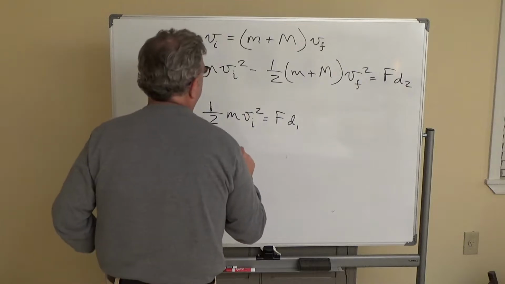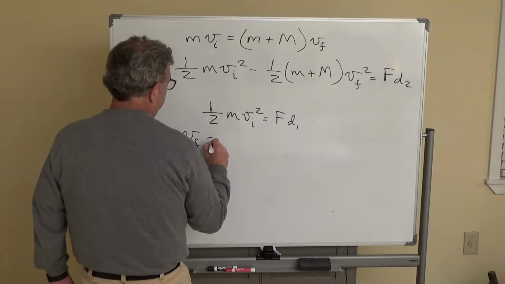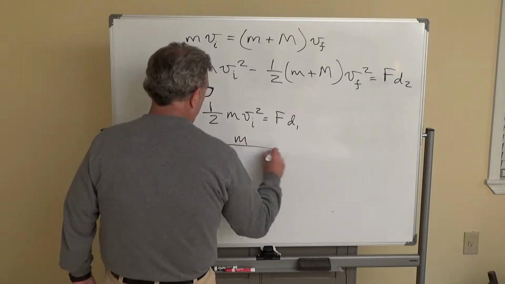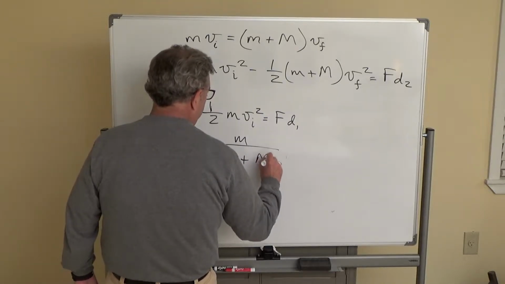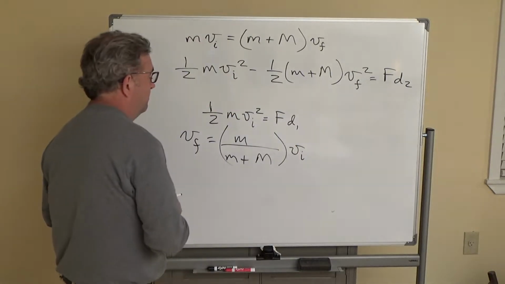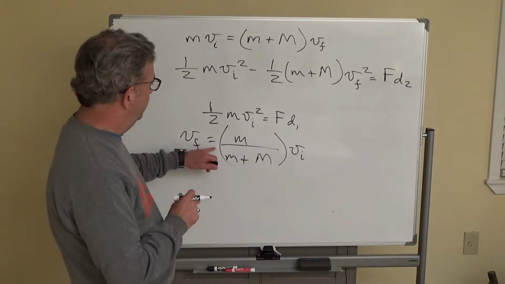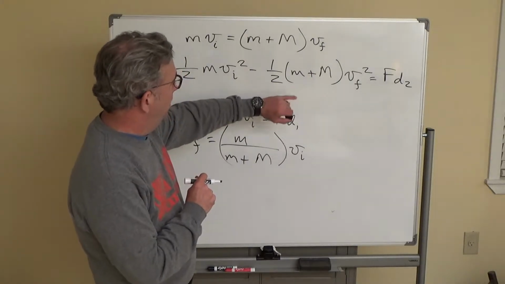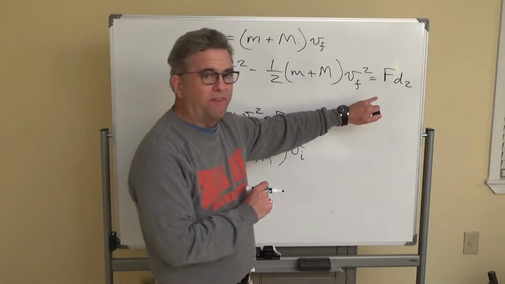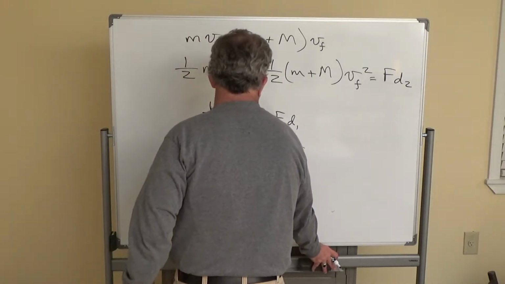So I'm going to write that down. V final is equal to little m over little m plus big M times V initial. Okay? I think that'll get us there because we have a way to substitute in here and here, get rid of F, and find D2 in terms of D1. So let's do that now.